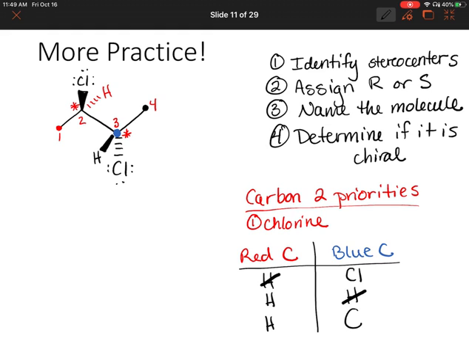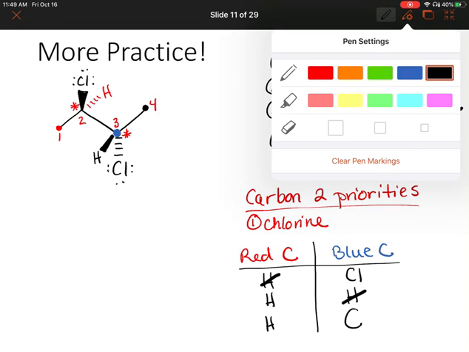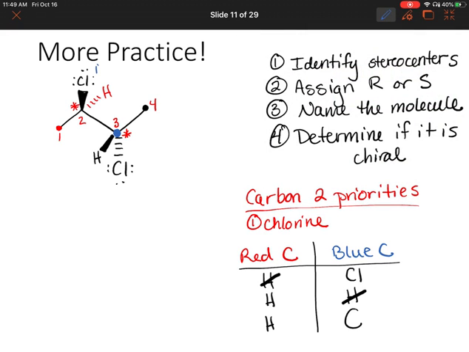The blue carbon, it is bonded to heavier atoms. Okay, so we can assign chlorine as priority 1, the blue carbon as priority 2, and the red carbon as priority 3. And then hydrogen in the back is priority 4.